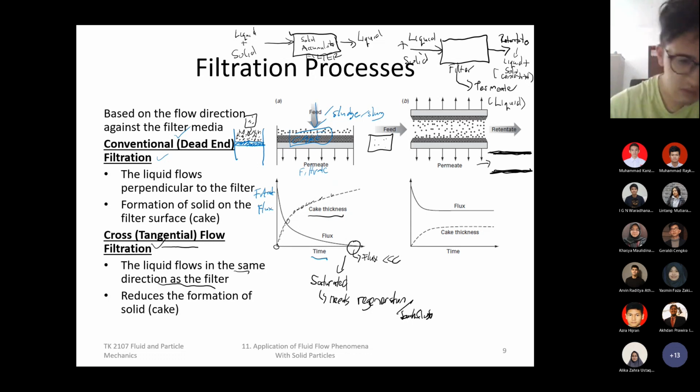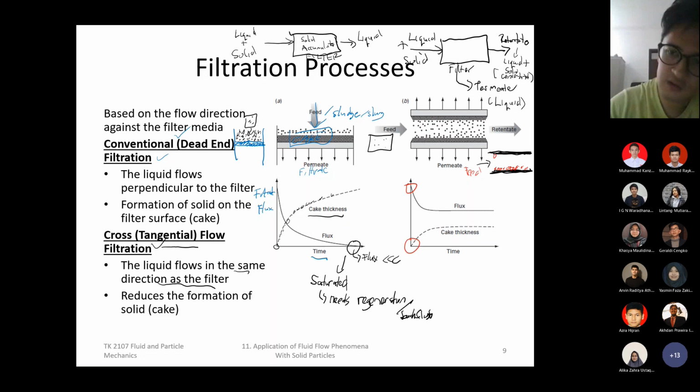Then let me change the color. So this is the initial condition, no cake thickness. That means we have a maximum flux in the process.